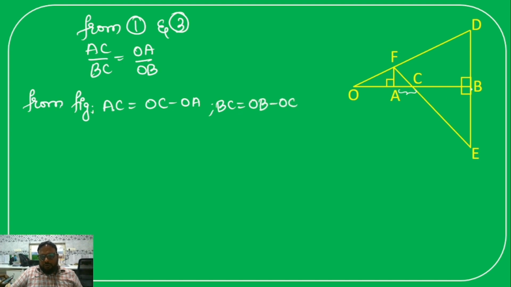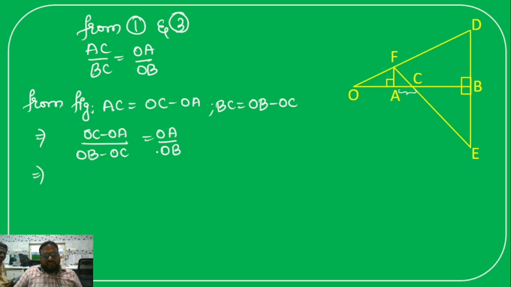From this complete OB, if I remove this OC, I will get BC. Exactly these two values I will substitute here. Now what does our equation become? When I substitute AC as OC minus OA and BC as OB minus OC, I will get OC minus OA by OB minus OC is equal to OA by OB, right?